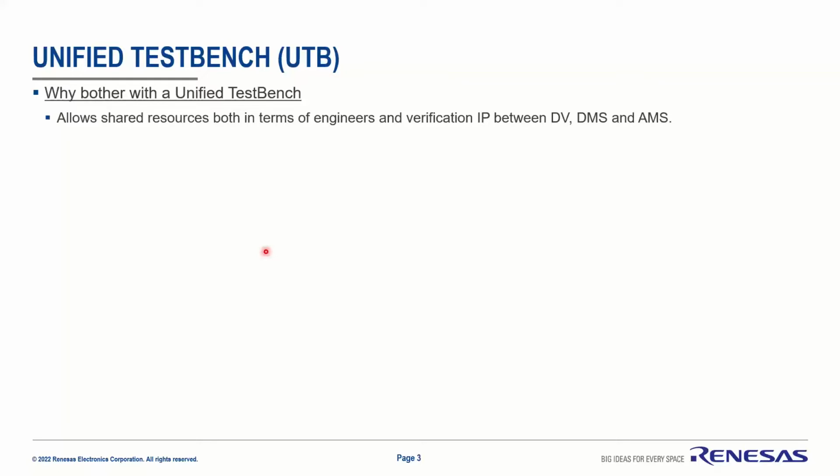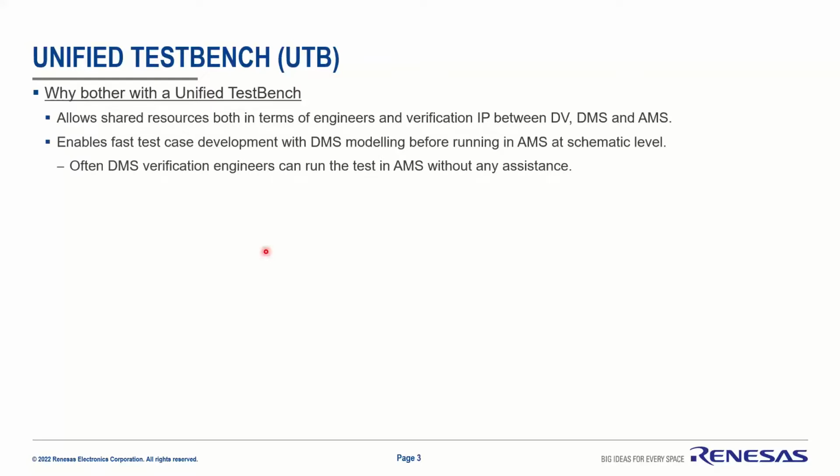So if you can get engineers testing things using DMS up front, you want them to be able to quickly switch to AMS. So there's the training aspect. Then you've got verification IP that you might develop in DV and DMS that you also want to use in AMS. So the whole point of being able to share everything is important.